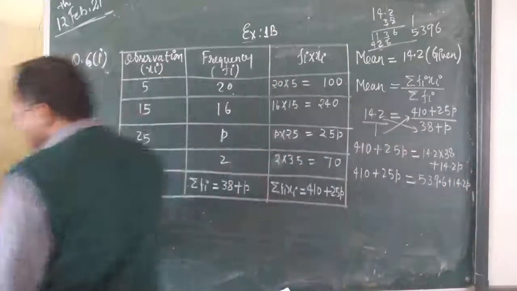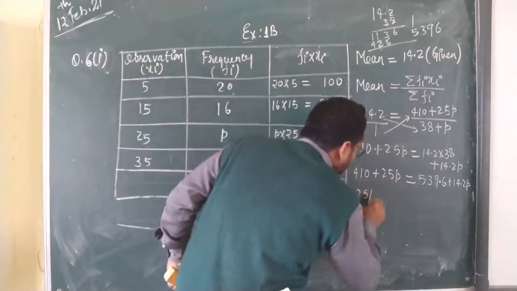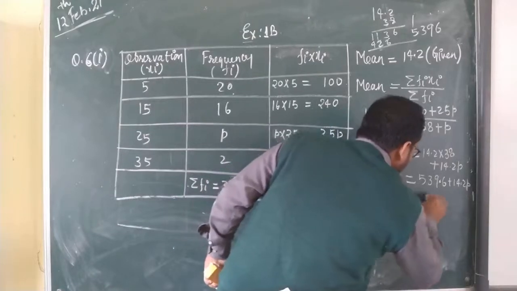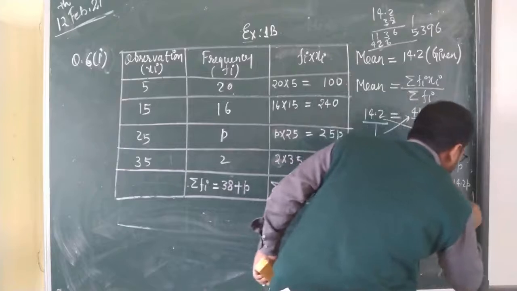Now you will transpose this one to the left side. The variable you can keep on the left side: 25p minus 14.2p is equal to 539.6 and 410 with a minus sign.